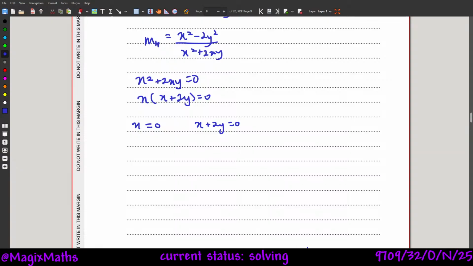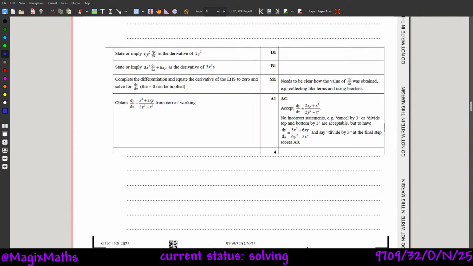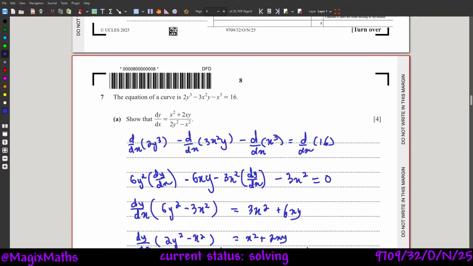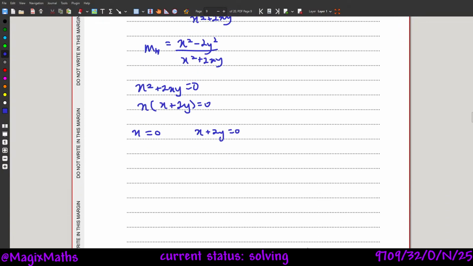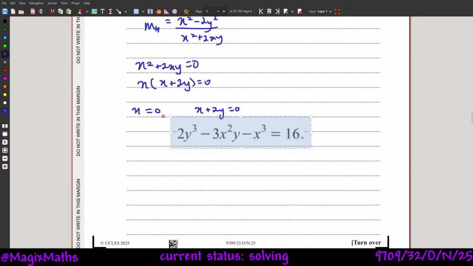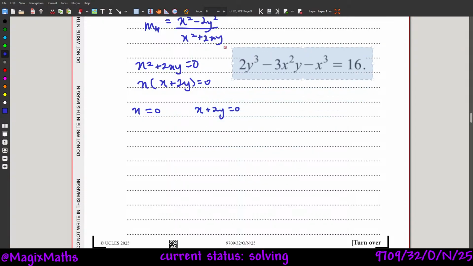Let's just copy this equation. So first it's 2y cubed minus 3 0 squared y minus 16, and then we have y is equals to 2.